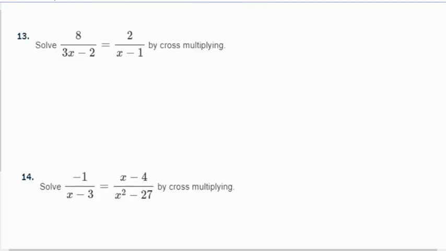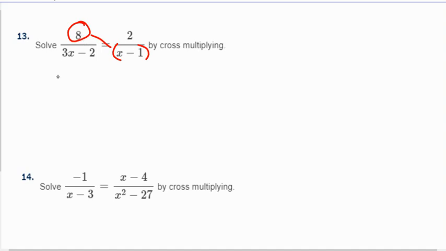Our next problem, we have solve 8 over 3x minus 2 equals 2 over x minus 1. We need to solve that by cross multiplying. And when we cross multiply, we have 8 times x minus 1, right?